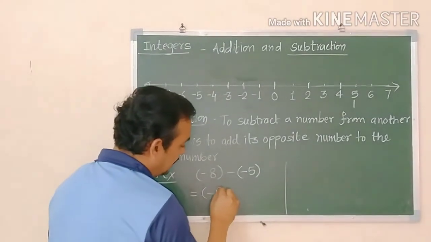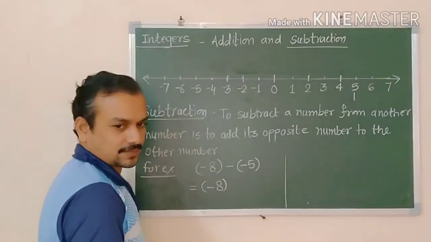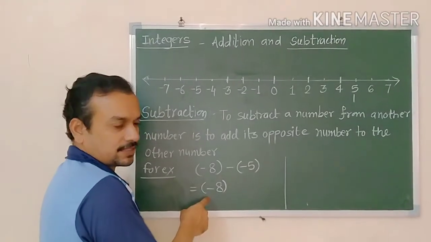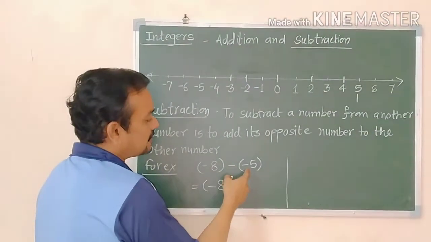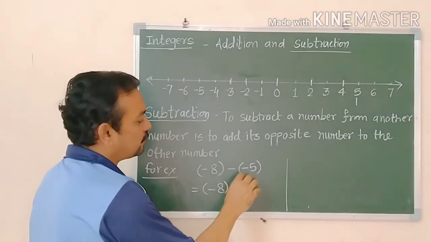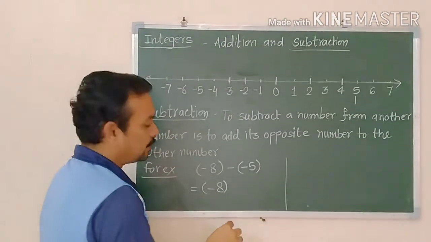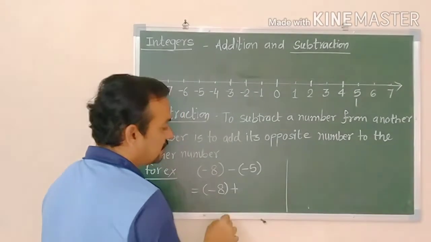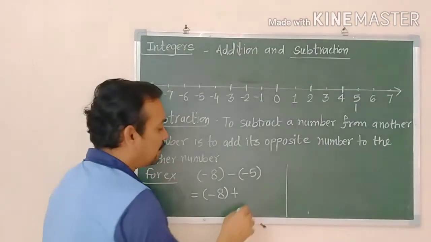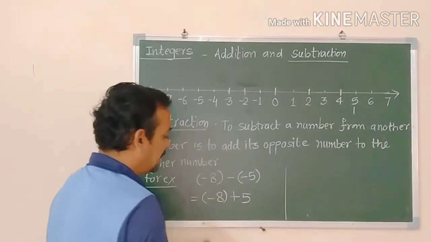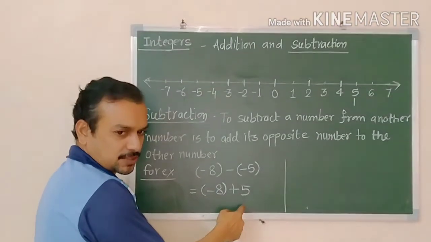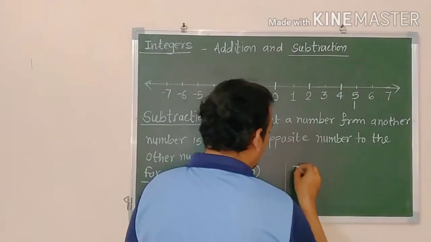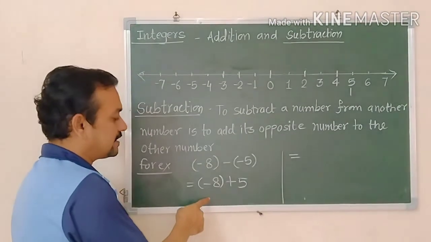Negative 8 as it is, no change in first number. Then minus negative 5 means opposite of negative 5 is plus 5. Add the opposite of another number, that means addition. Opposite number of negative 5 is 5, that means negative 8 plus 5. Then we know how to add the integers in the second step.